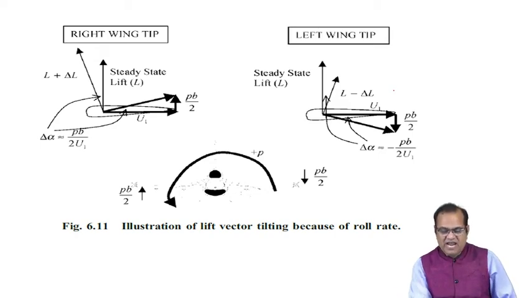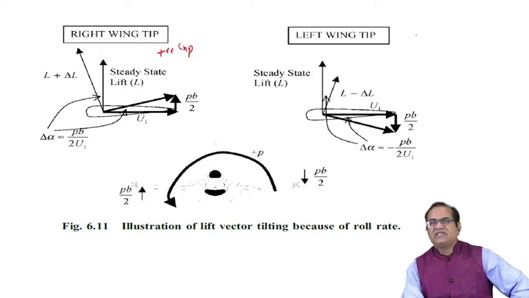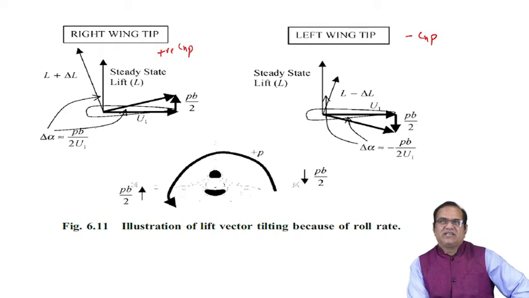You can see the right wing and the left wing, and the same things are explained here. The right wing will give a positive Cnp, and this will give a negative Cnp. How? You can see here, in the right wing, this is U1 and this is upward velocity, pb by 2. This angle is increased.